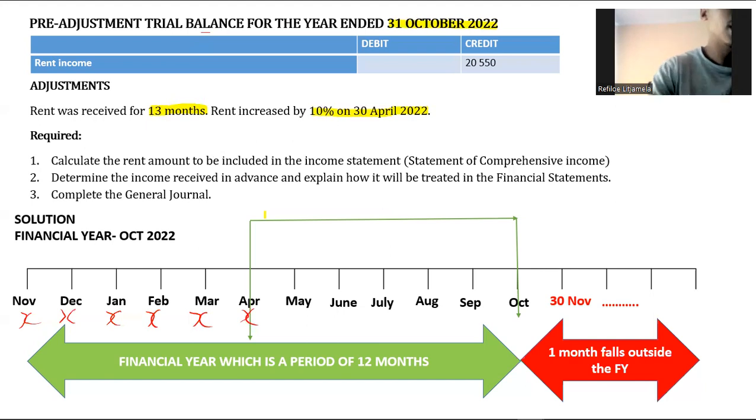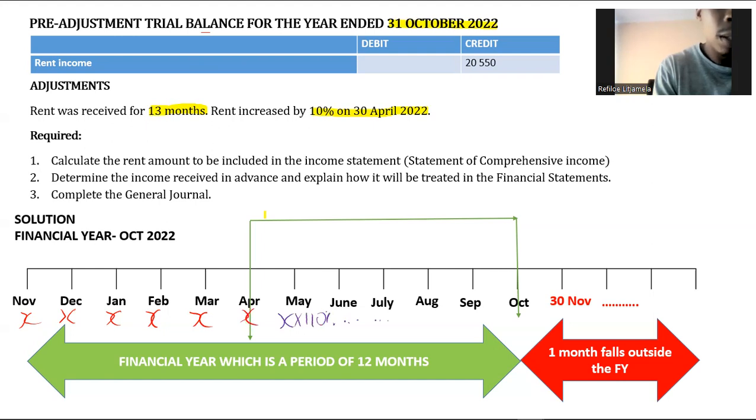But immediately it got to May, it was no longer at X. It was now at X times 110%. Even here in June, it was at X times 110%. In July, X times 110%.